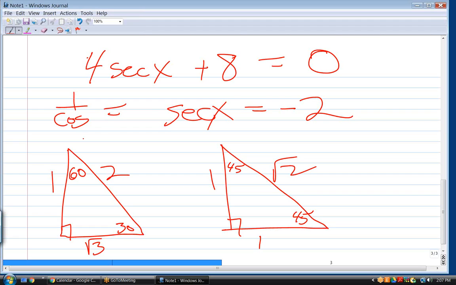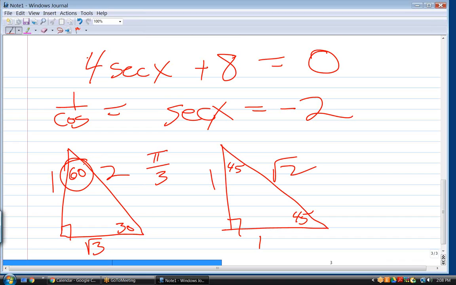Well, the first angle is this one right here, which is pi over 3. Okay, so in other words, I also like to do all trig problems by solving what the first quadrant angle is, and then just figuring out what the second, third, and fourth have to be.